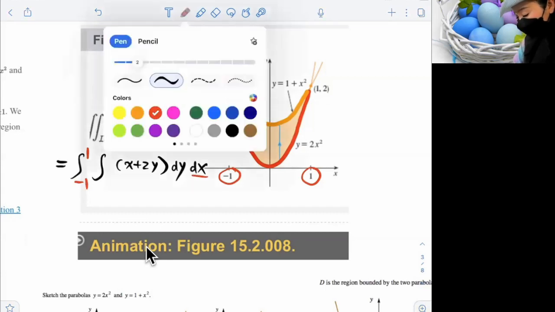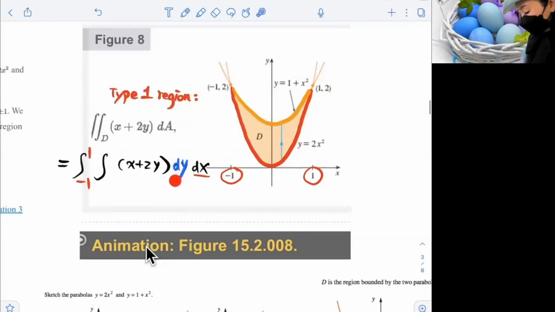What about the y? Y goes from what to what? From here to here. It is actually helpful if you can draw this. Once you identify the region, you can draw a nice segment and label it with an arrow. So y goes from here to here: from 2x squared all the way to 1 plus x squared.